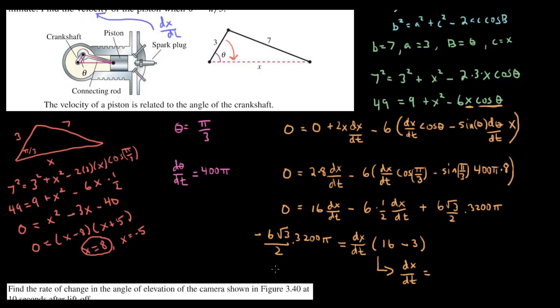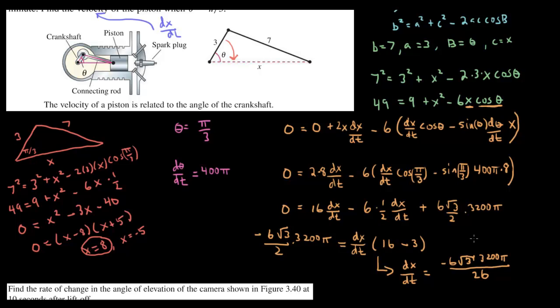So I'm going to have on the top a negative 6 root 3. On the bottom, times 3,200 pi. And on the bottom, I'm going to have 2 times 13, which is 26. So that's my answer.